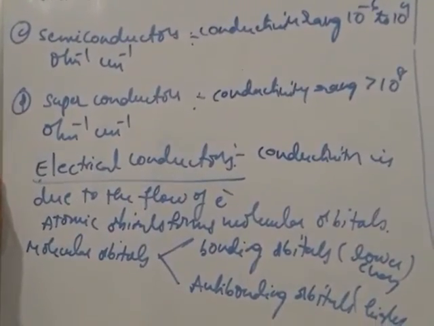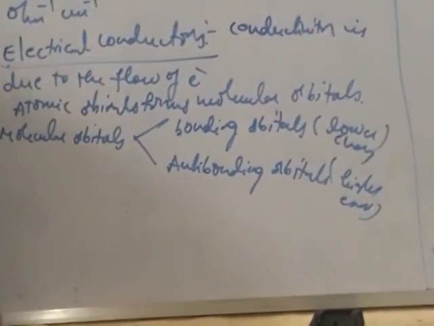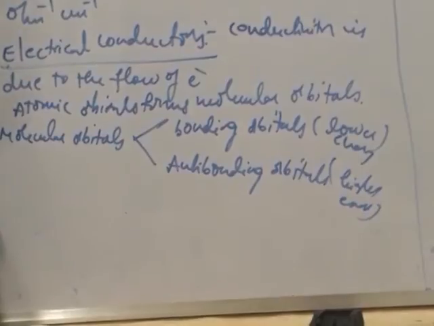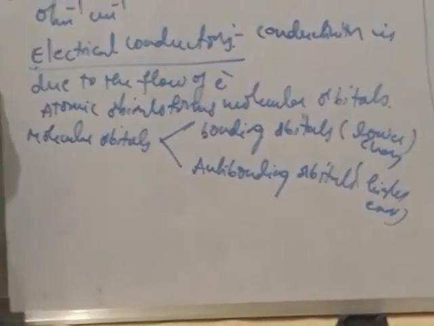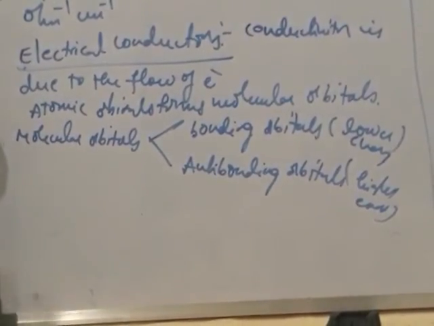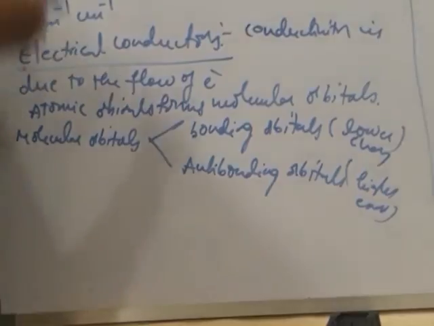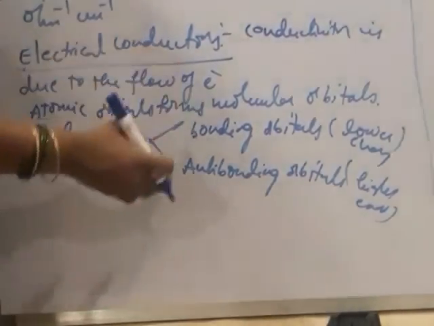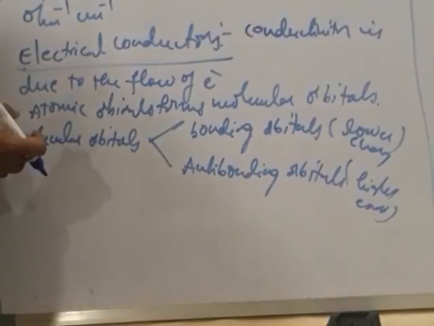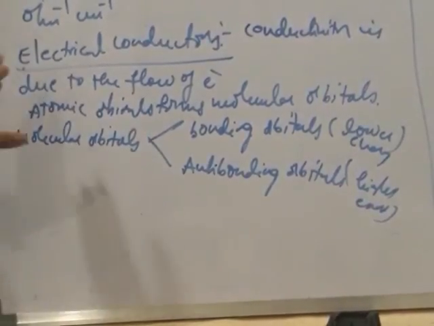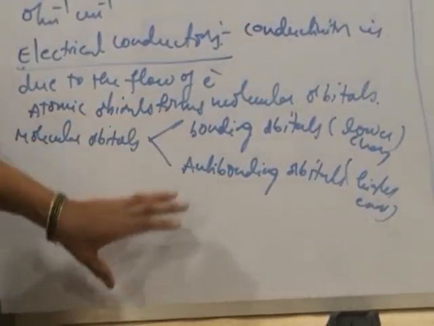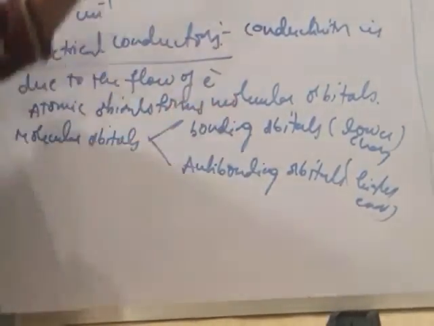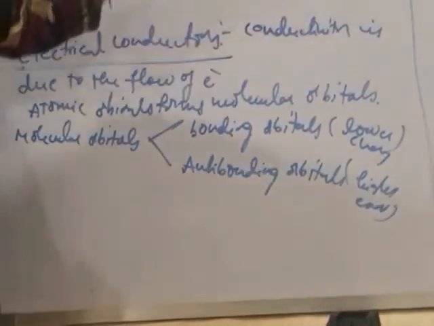Anti-bonding orbitals form the conduction band. With the flow of electrons between these two bands, conductors can conduct heat and electricity. Based upon this, we can differentiate conductors, semiconductors and insulators.